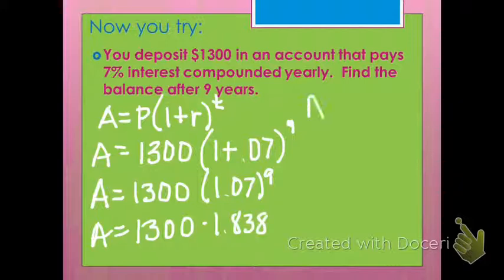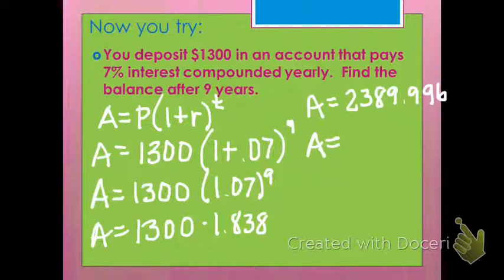When I multiply them together, I'm going to get 2389.99, and then there's a 6 in there. Now this tells us, because it's money, we only need to the penny. And this is one extra, so I'm going to have to round back.